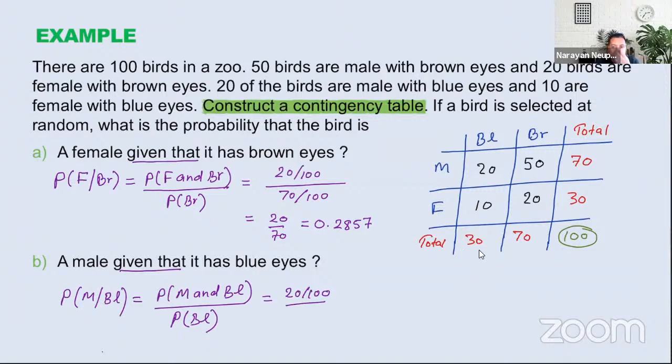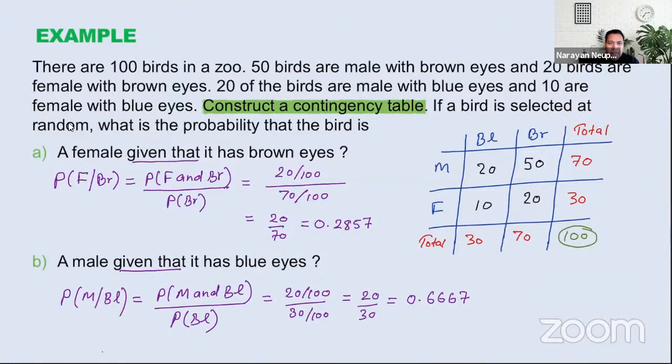Blue-eyed bird, I have 30 out of 100. So again, 100 and 100 cancel, we get 20 over 30 or 0.6667. So this is how we can use the formula for conditional probability to find the probabilities.